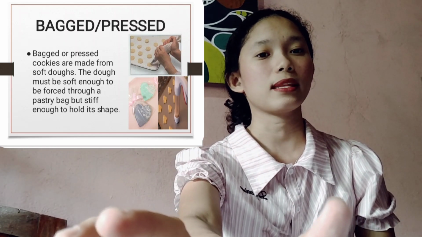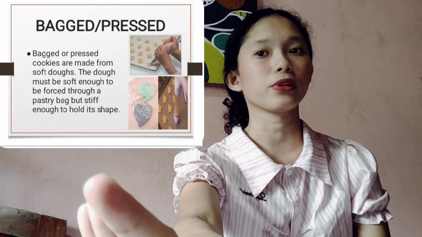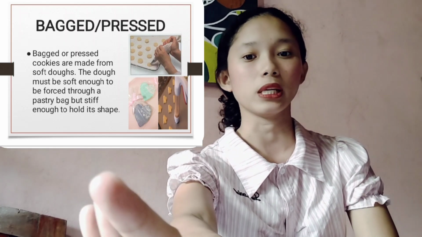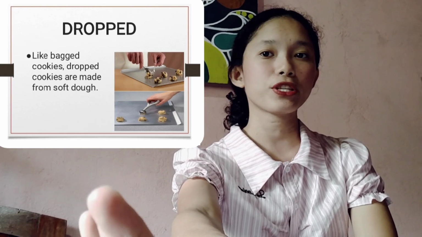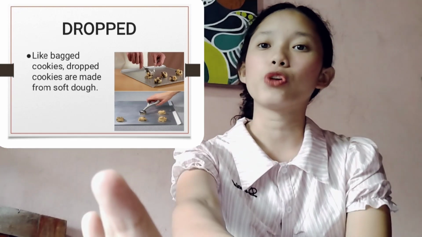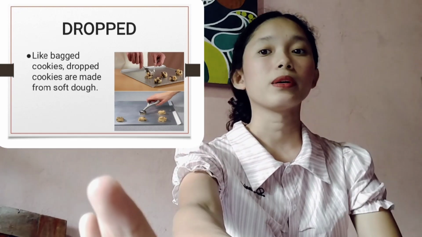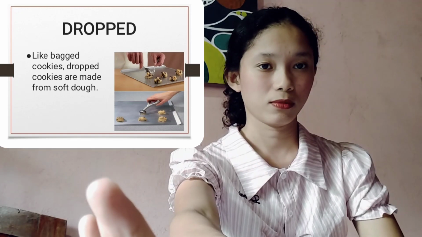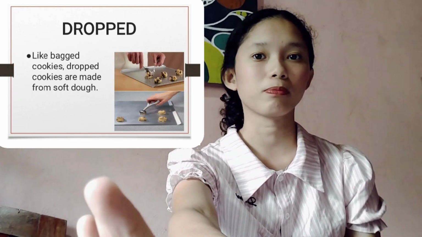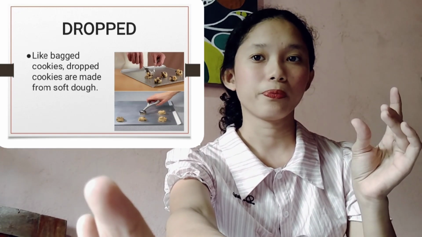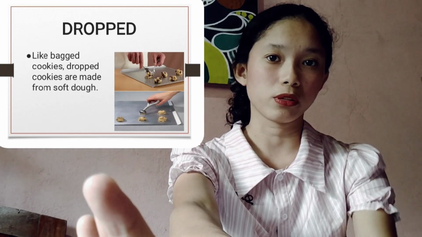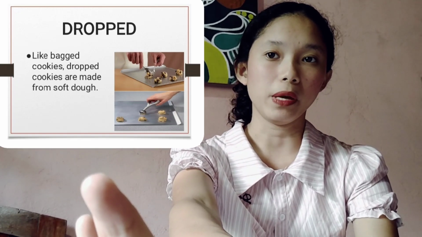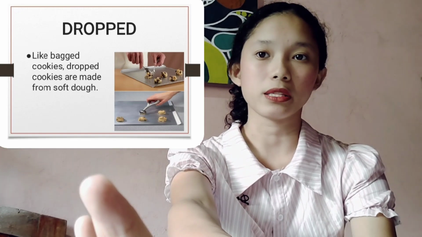So as you can see in the picture, these are examples of bagged or pressed cookies. Next is the drop. Okay, just like the bagged cookies, the drop cookies are made from soft dough. Okay, from the word drop, the cookie mixture is dropped to make this kind of cookie.